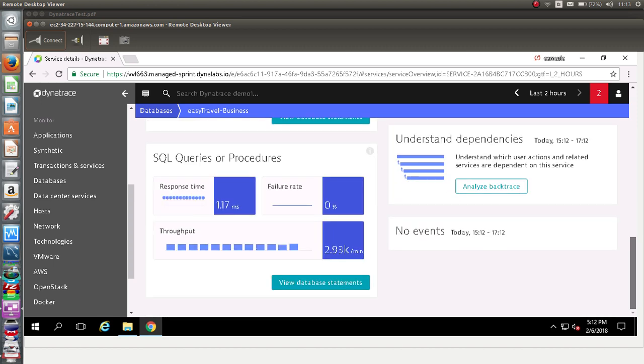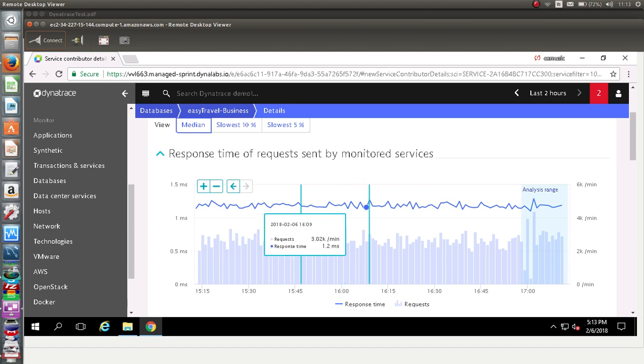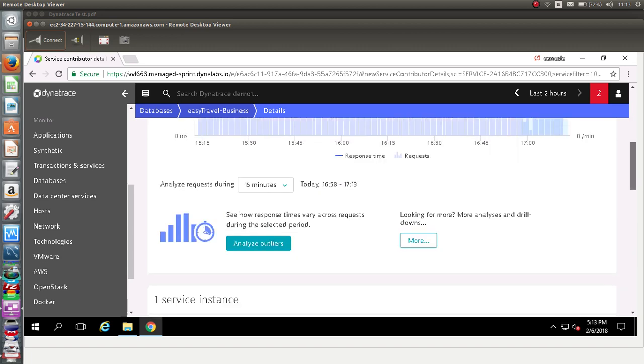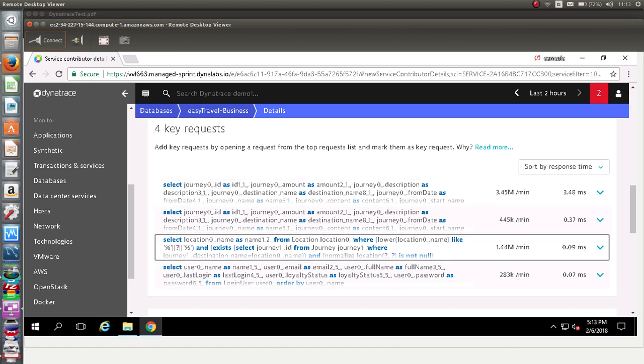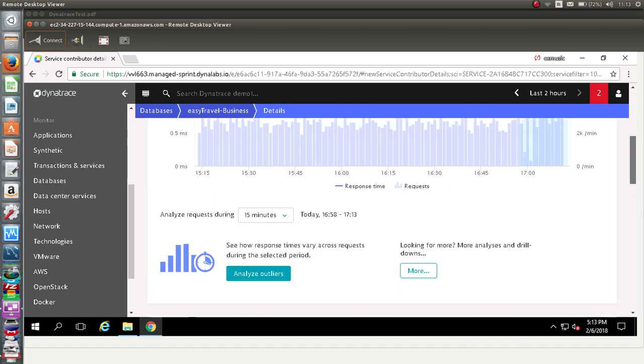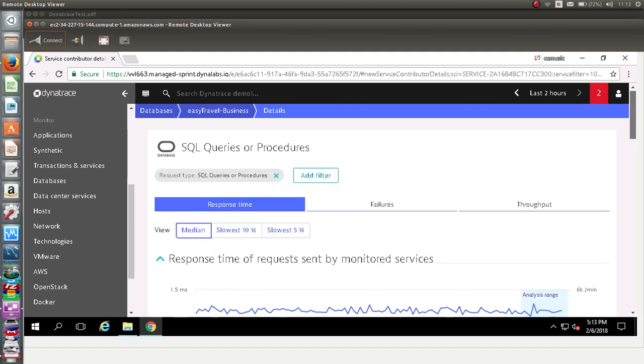So we can even go and analyze all the queries that have been executed during this time for this database.